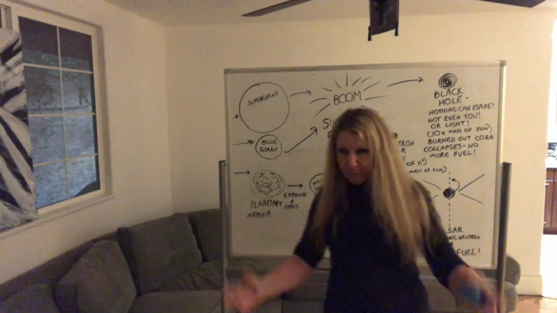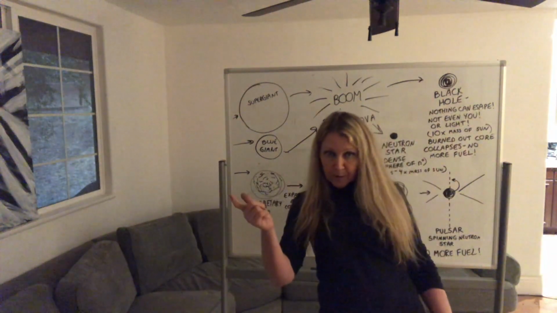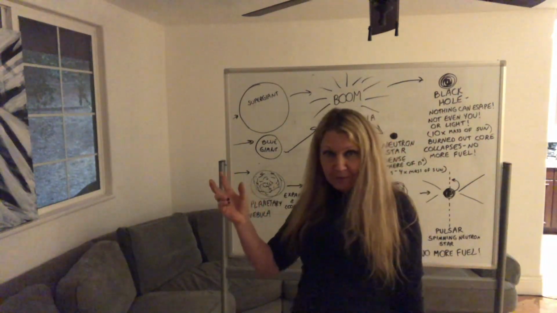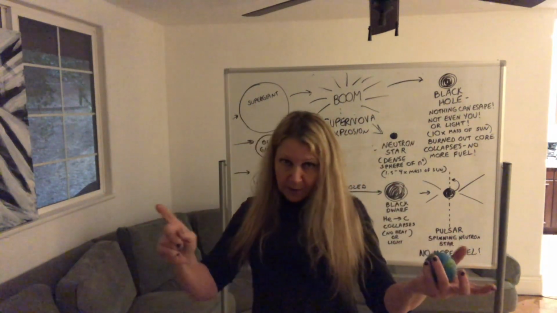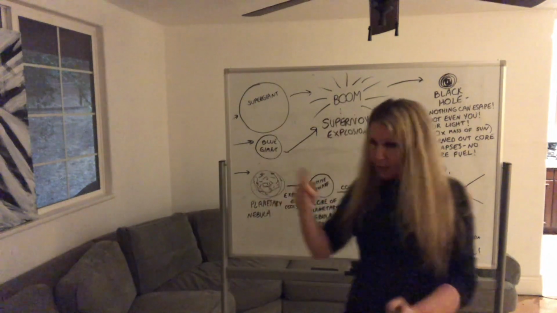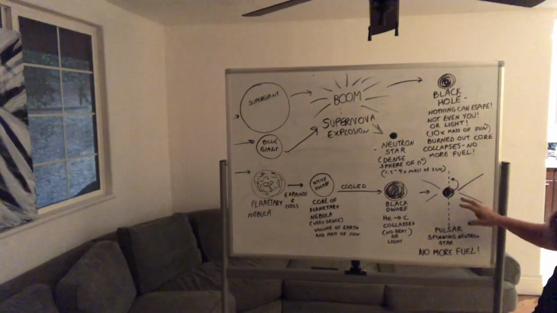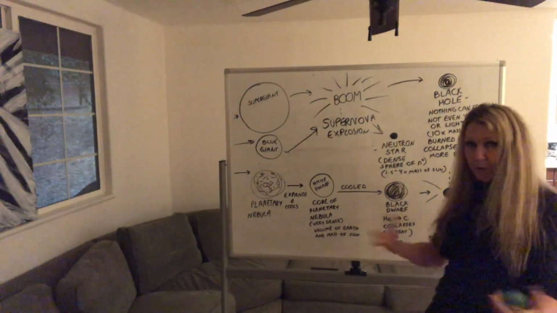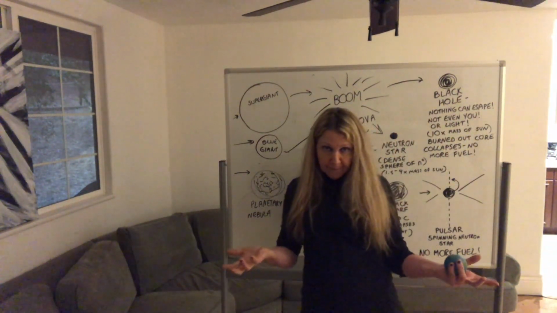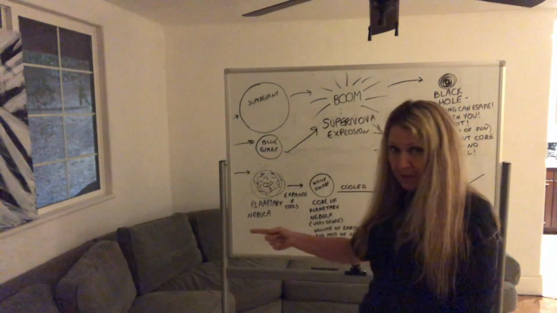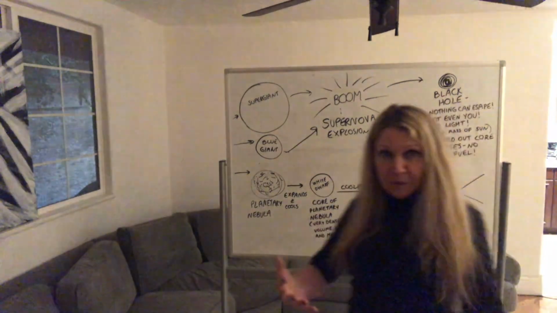So a pulsar is a spinning neutron star. So it's made of neutrons, which are part of atoms, and it spins and produces radiation. So it's a pulsar, and that is really the corpse of the star. All right, so this pathway is for stars that are about the size of our sun.